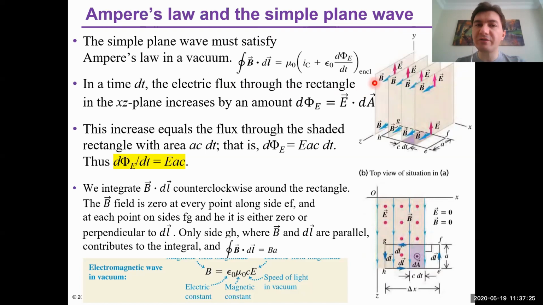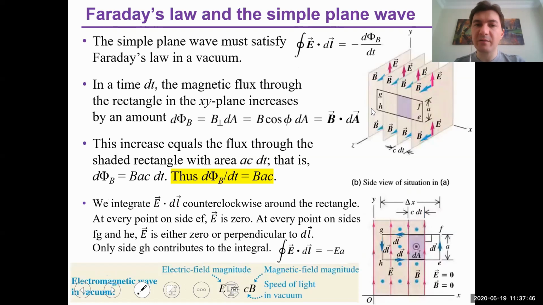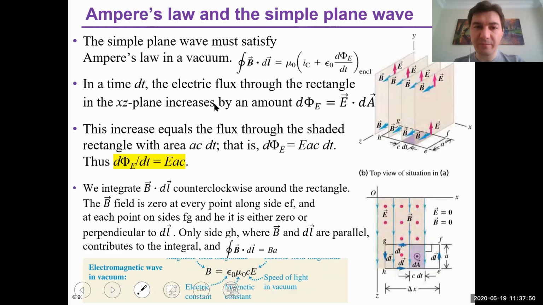So in order to solve that equation, we have to calculate the left side of the equation, and we also have to calculate the right side. So we have electric flux. The change in the electric flux can be calculated by using that expression, E times dA, like magnetic flux. We have done all these things in the previous chapters.